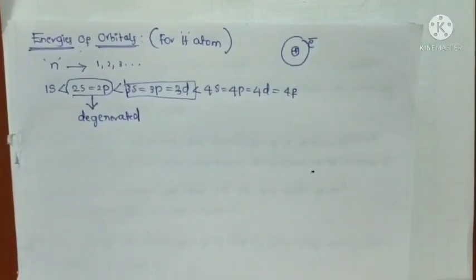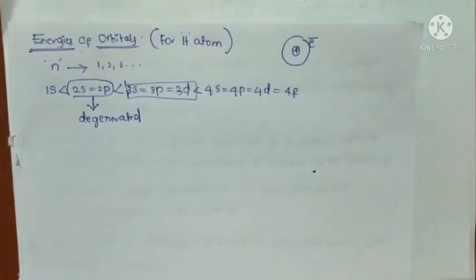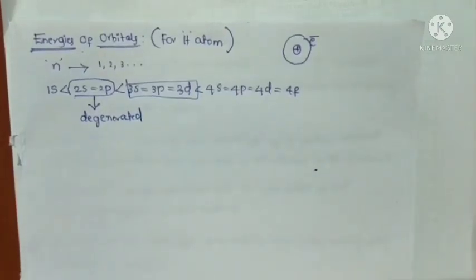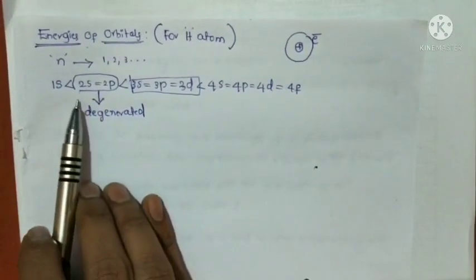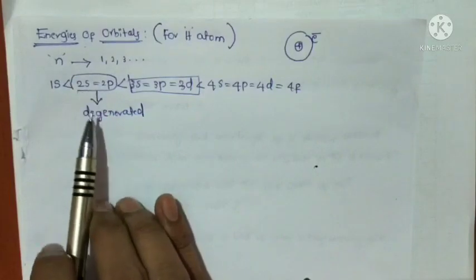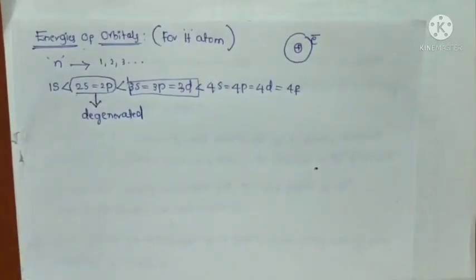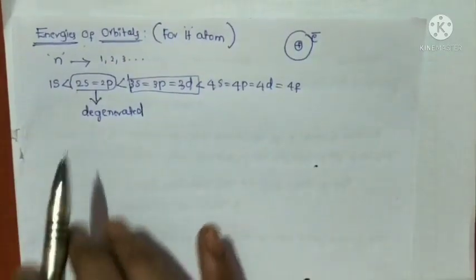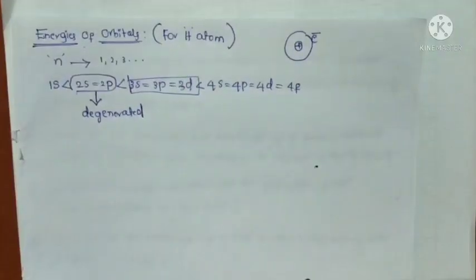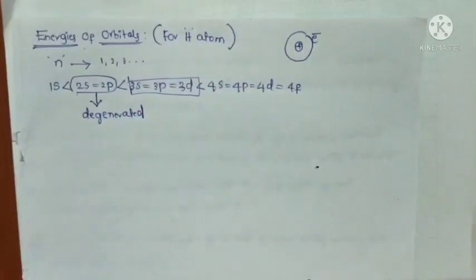So define degenerate orbitals: if orbitals have the same energy, those orbitals are called degenerate orbitals. Here 2s and 2p orbitals are both degenerate orbitals. But this is applicable only for a one electron system, that is the hydrogen atom.